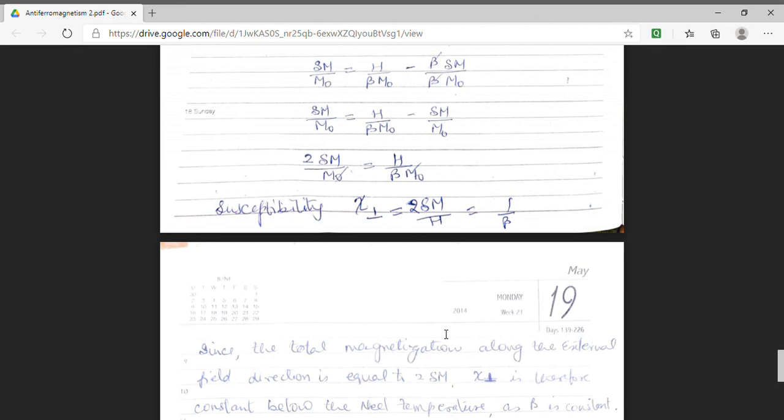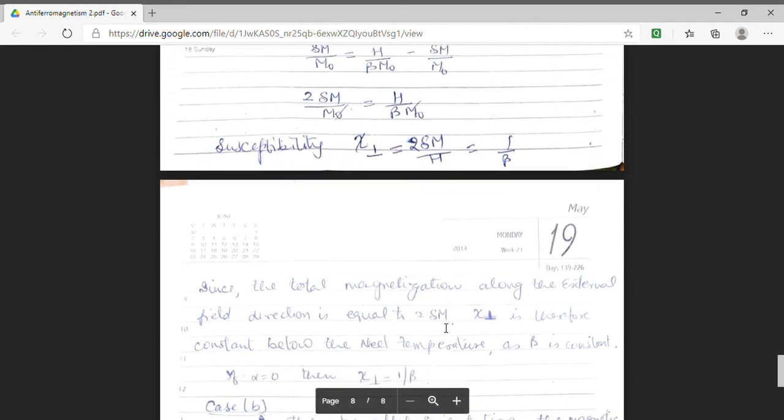As the total magnetization is equal to 2m and susceptibility equals magnetization upon strength of magnetic field, it is equal to 1 upon beta. And from here we can say that at the Néel temperature the susceptibility is constant as beta is constant.